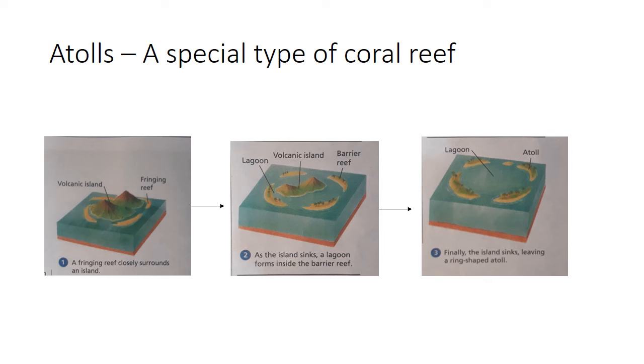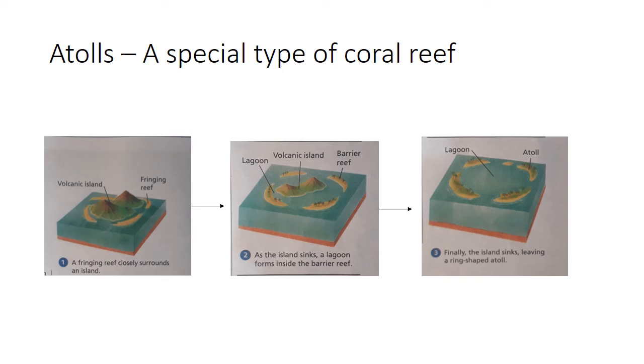After many years, a fringing reef of corals will surround the volcanic island. Volcanic islands can sink, however, into the earth. And when the volcanic island sinks, it leaves a barrier reef behind.